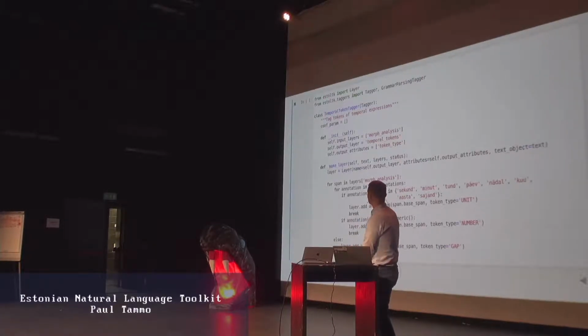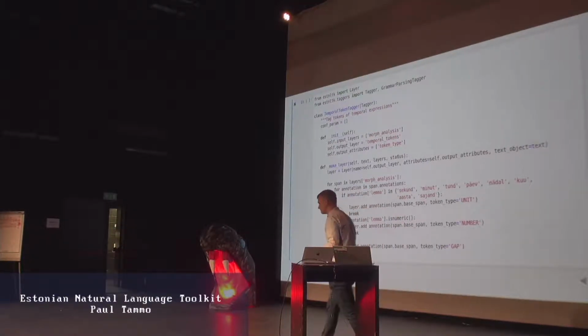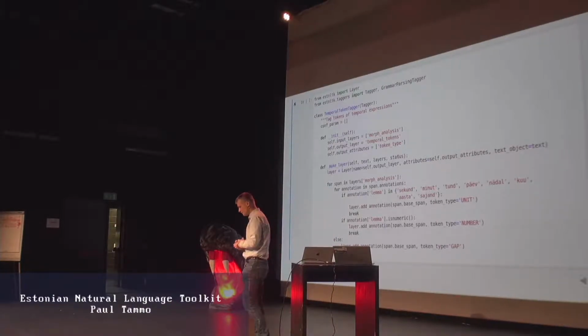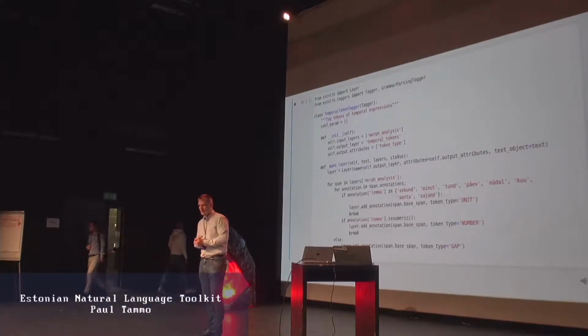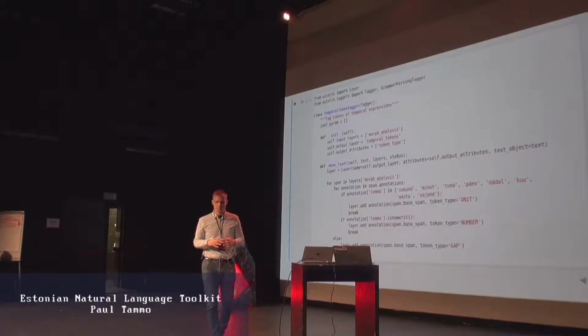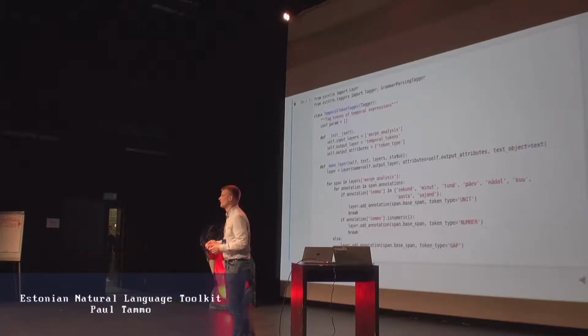As I said, the goal is to create a layer. We shall create a layer called temporal tokens. We are going to annotate the tokens in the text that might be part of a temporal expression.